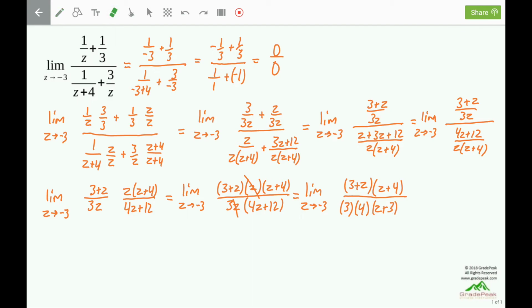Now we have the 3 plus z and the z plus 3. The order doesn't matter when you add things, so we can cancel those out immediately. There was the 0 over 0 being produced. We've now removed that, and that means we should be able to plug in the -3 for each of the z's, and we should not be producing the 0 over 0 result any longer.